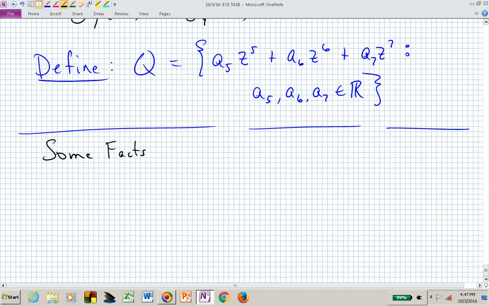Returning now to these invariant subspaces. Some facts about invariant subspaces.